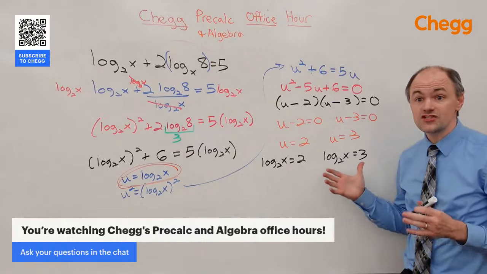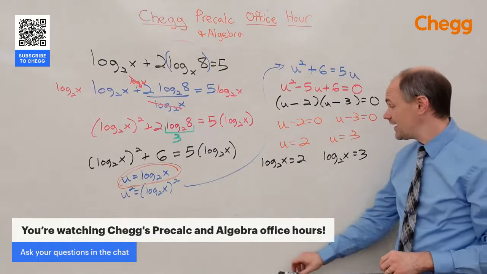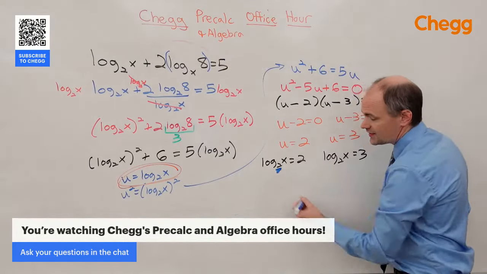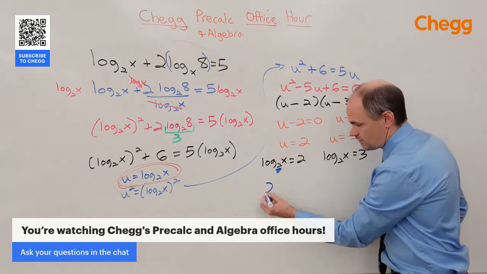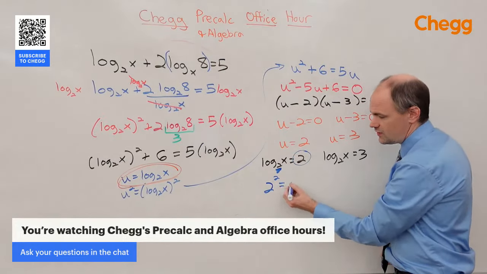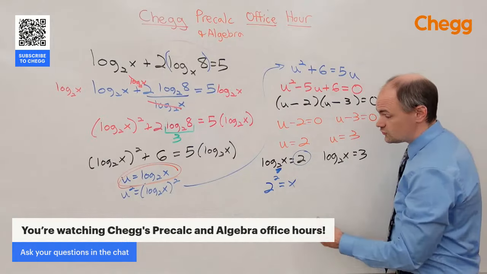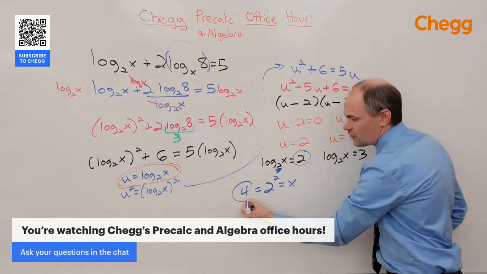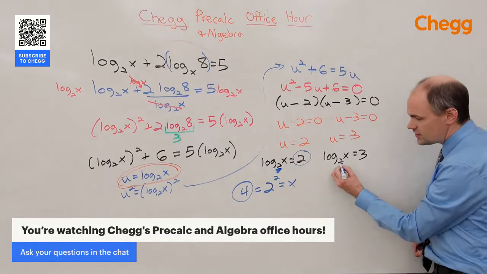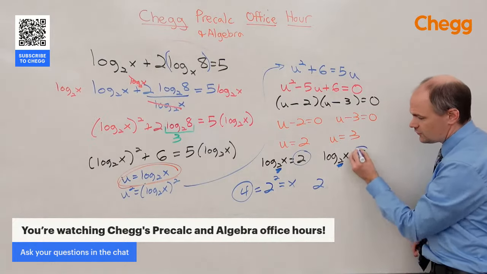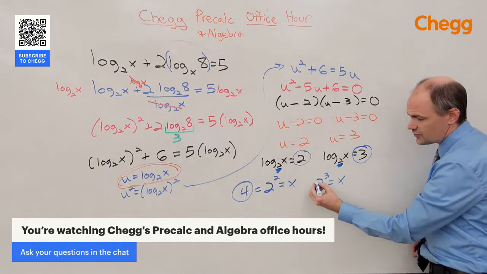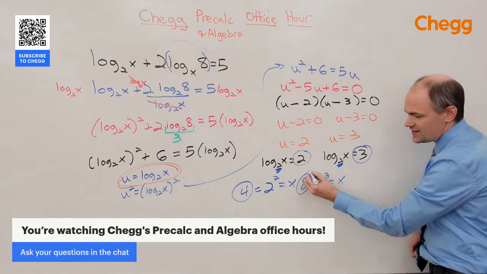Remember, a log is just a fancy way to write an exponent. The base of the log is that number, the 2. The answer is the exponent, in this case 2, and that equals x. 2 squared is 4, so 4 is our first answer. Same thing for the other one. 2 is the base, 3 is the exponent, that equals x, and 2 to the third power is 8.